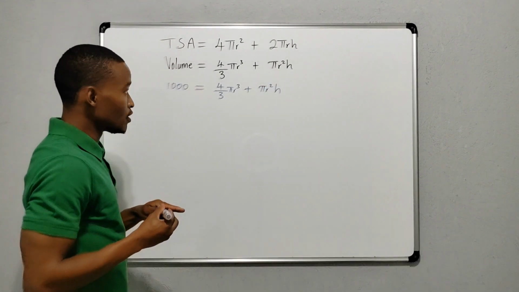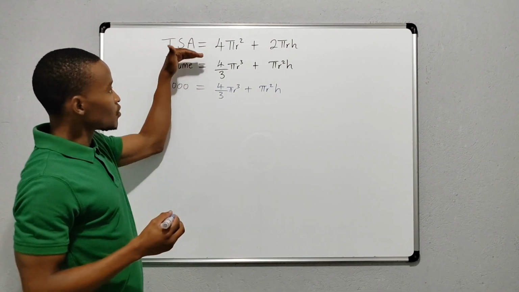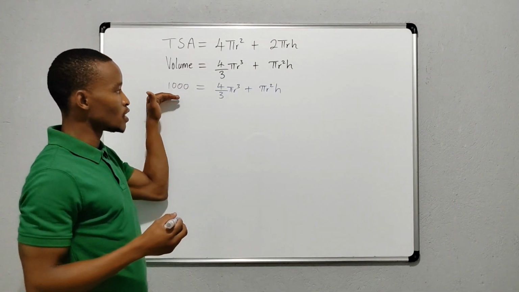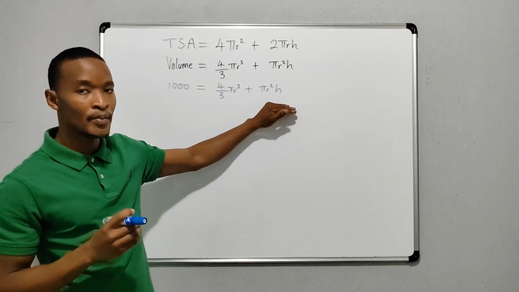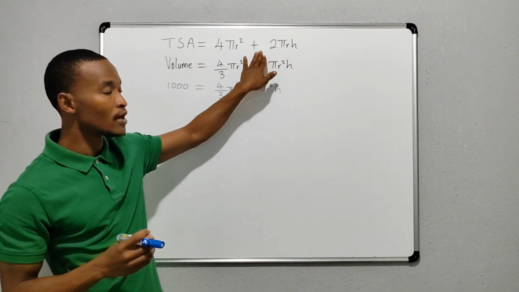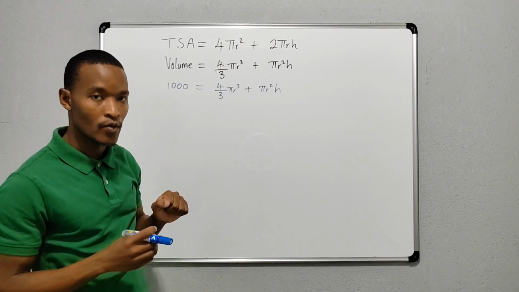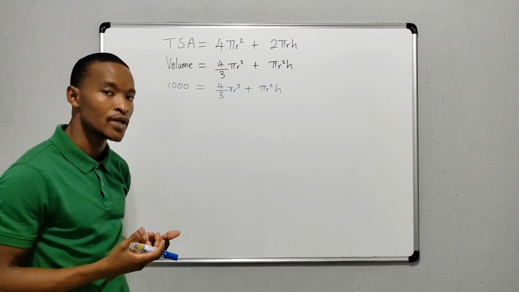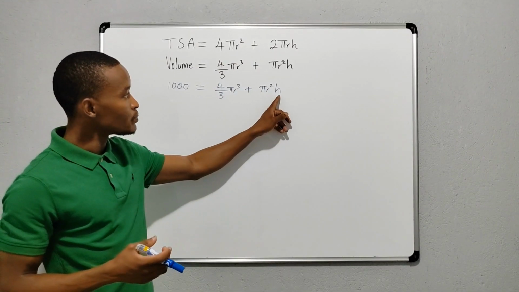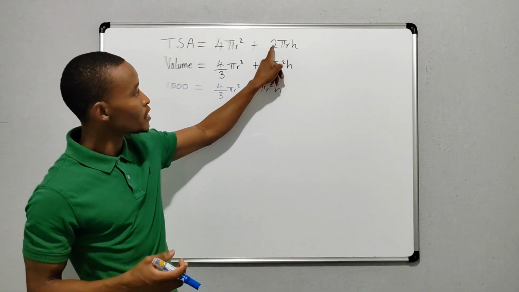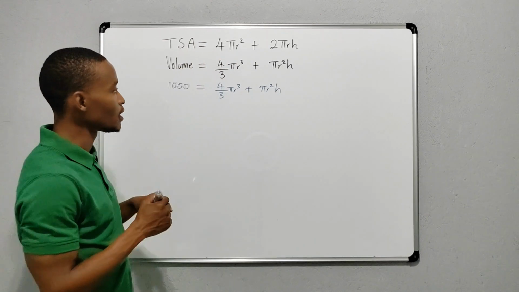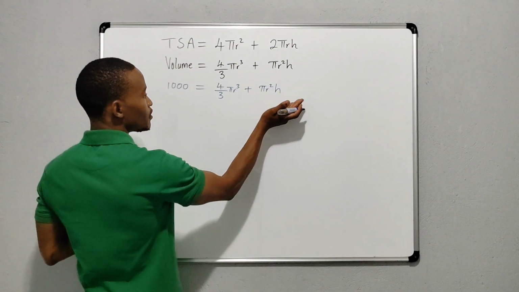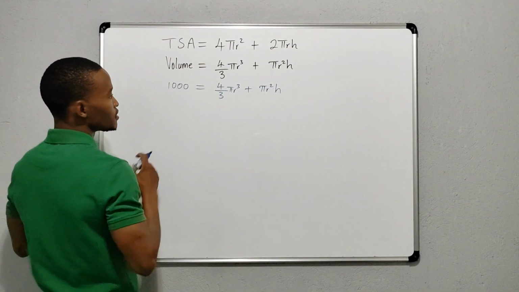Okay. So now we see that there are two equations to work with, and one equation, which is this one, will be used to eliminate one variable in the other one, which is the total surface area equation. So which variable will we need to eliminate? The height, because we are looking for the value of the radius such that this quantity will be at a minimum. I'm going to work with that and make h the subject there.